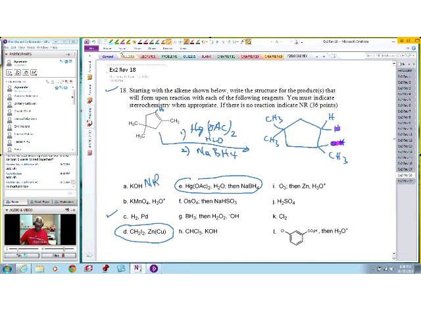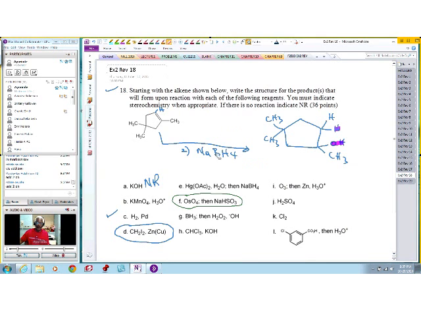Now let us do F. What does this reagent do? Anybody? Cis addition of what? Two OH. Excellent. Once you know what those reagents do, I guarantee you, you will not have any problem. So now you will have this. You have a cis addition, you have OHs.